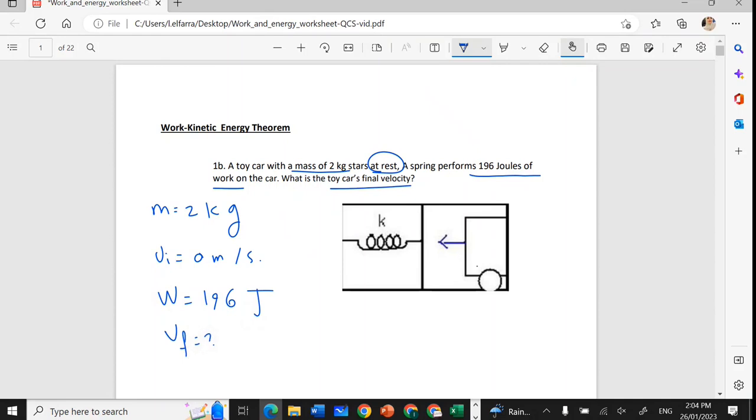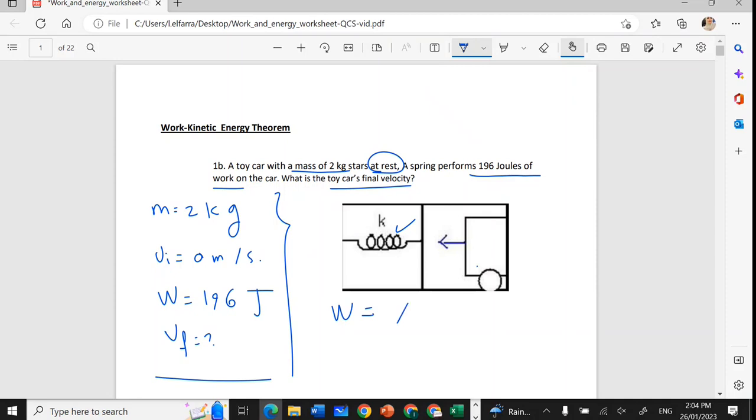So here you have a car, and at the beginning it's at rest. Here we have a spring, and the spring will push this car. So we have a force applied by the spring on the car, and that caused the car to change its kinetic energy. So we're going to use the work energy theorem.